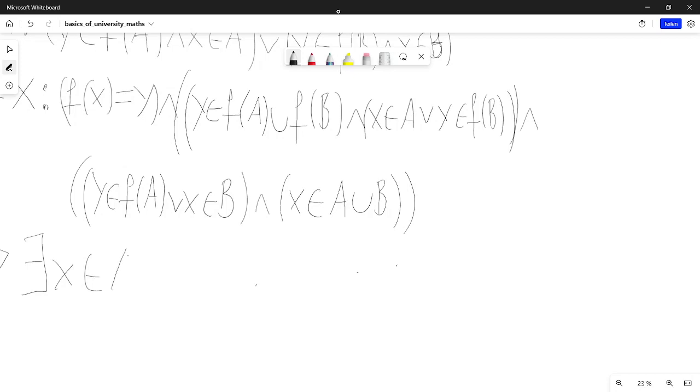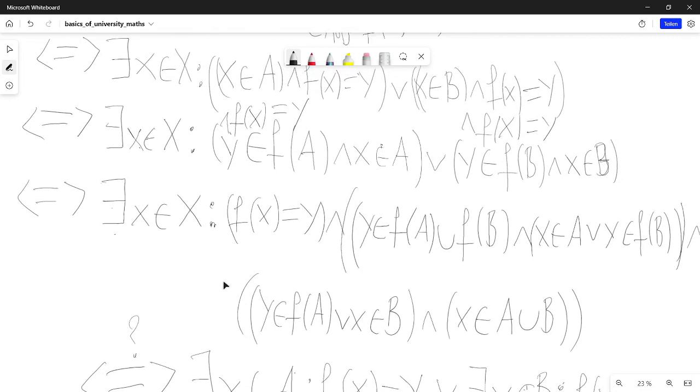There exists such an x element a such that f of x is equal y, or there exists such an x in b such that f of x is equal y. Right. And now, theoretically, we would have to prove equivalence of this monster to this.